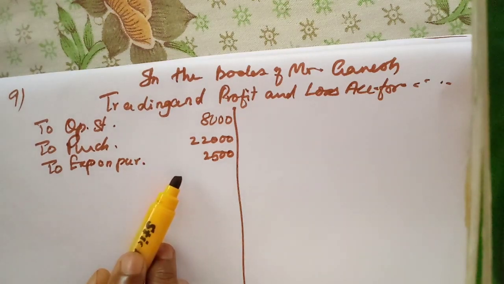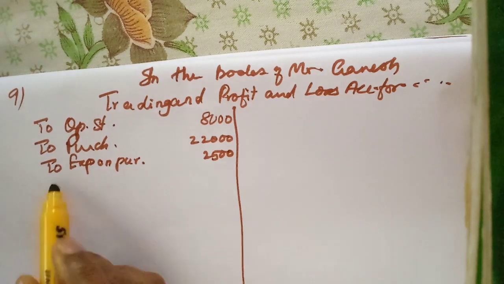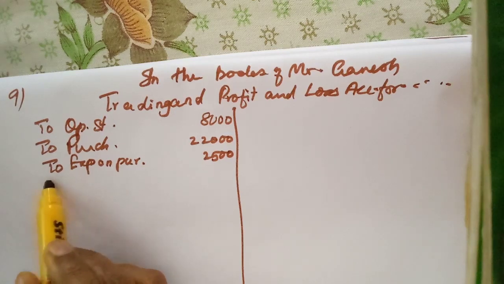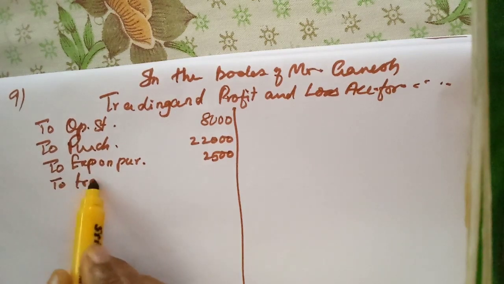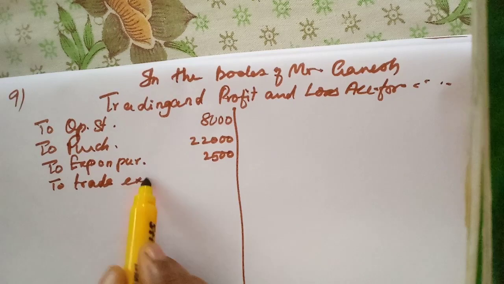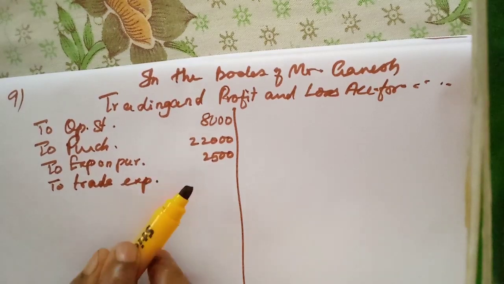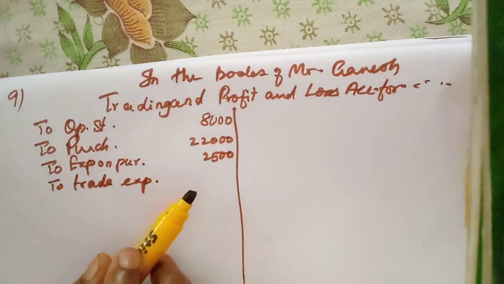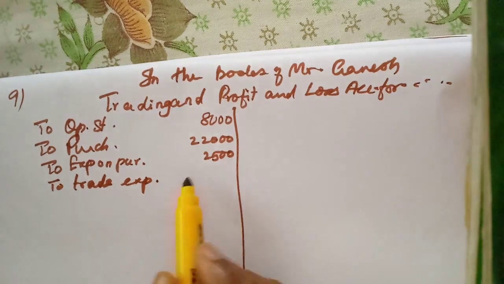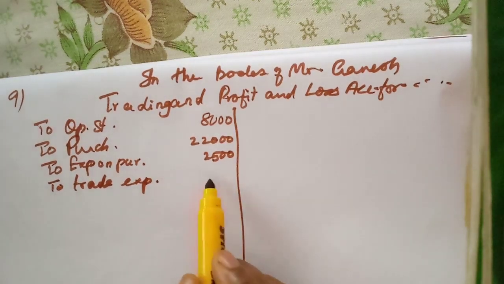Bad debt, trade expenses, I think it will come. Okay, trade expenses. Trading account, trade expenses. Selling, okay, all the other things. Trade expenses, how much? 1,200.